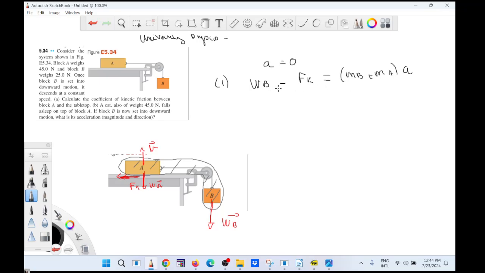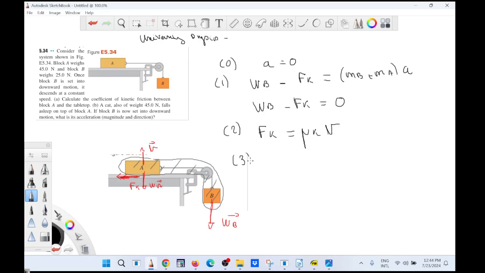But in that case, you know that the acceleration equals 0. So that into here, you get that the weight minus the kinetic friction equals 0. Second equation, you know that the kinetic friction equals the coefficient times the normal force.